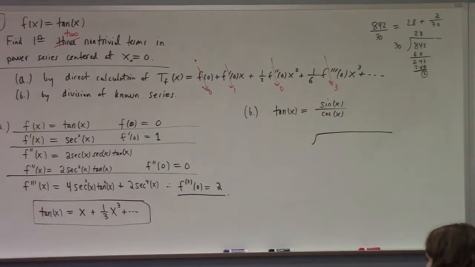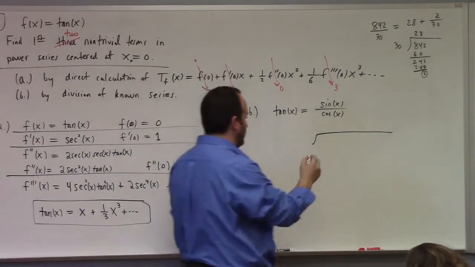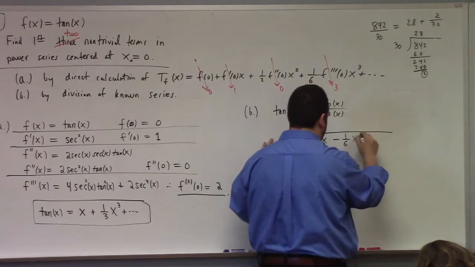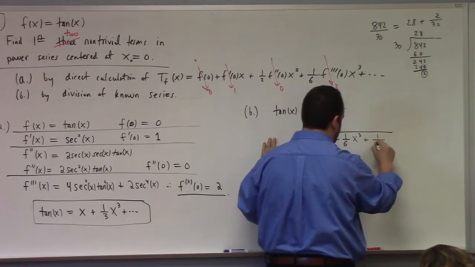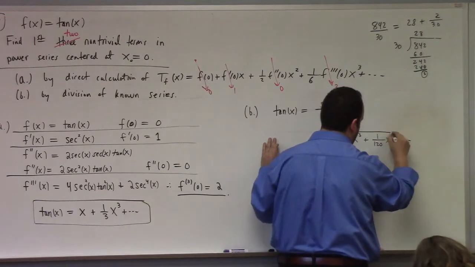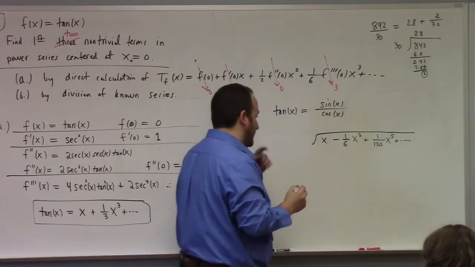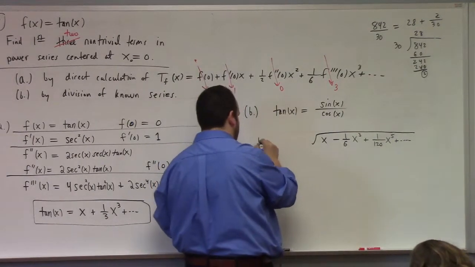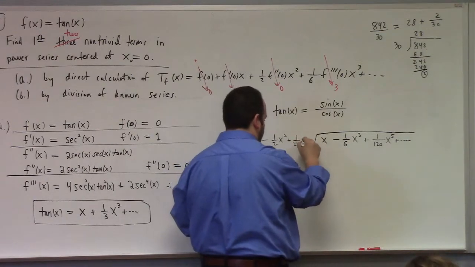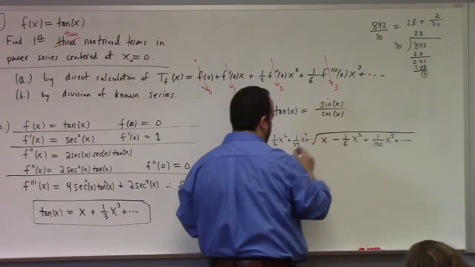Remember? X minus 1/6 x cubed plus 1 over 120 x to the 5th, and then so forth and so on. And what's my power series for cosine? 1 minus 1/2 x squared, 1 over 24 x to the 4th, and so forth and so on.